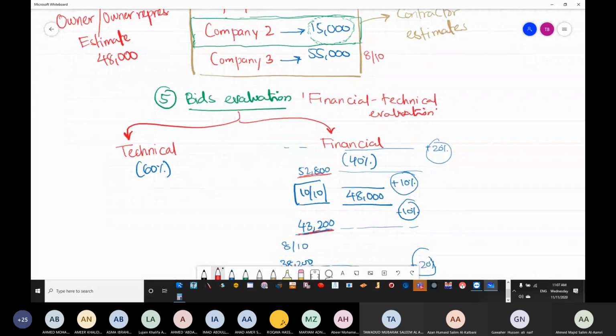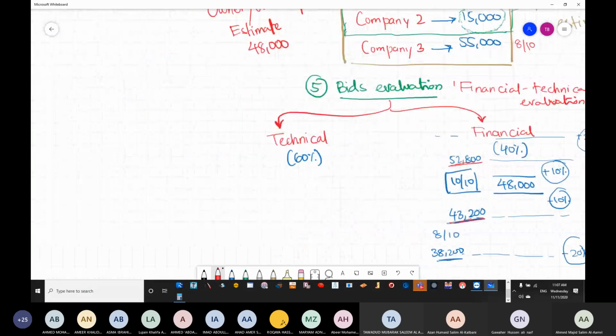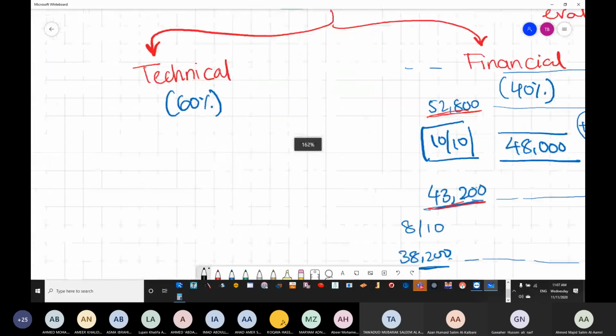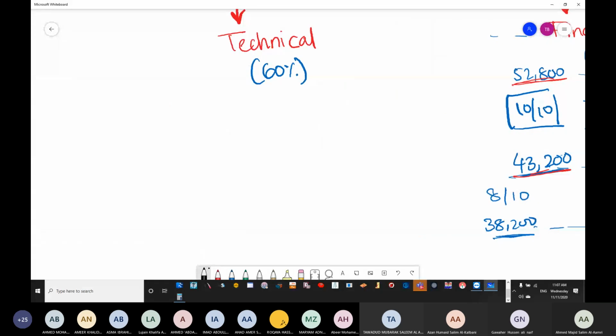For the technical part, we look normally for certain things as well. Now, if you are the government, and your project, for example, was a road, is it important for you that the company who has offered the bid has projects in roads, or is it not important?